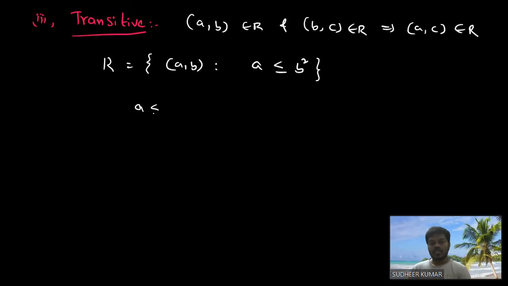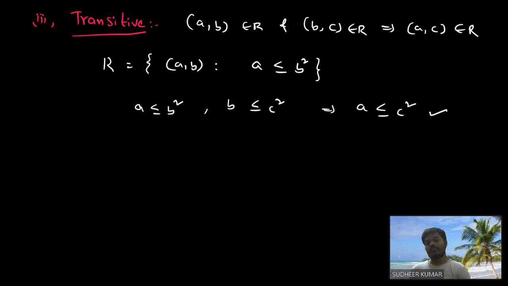So here a less than or equal to b square and b less than or equal to c square, then a less than or equal to c square. This is what we have to prove. If it is satisfied, then it satisfies the transitive. If it is not satisfied in at least one case, then we will say that it is not transitive.